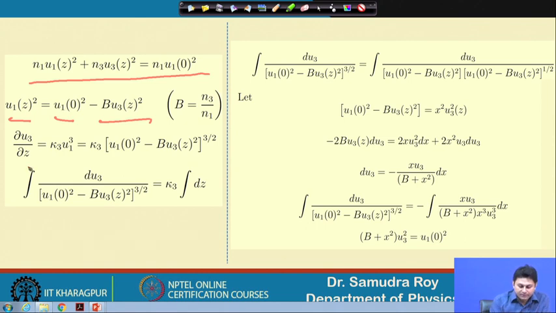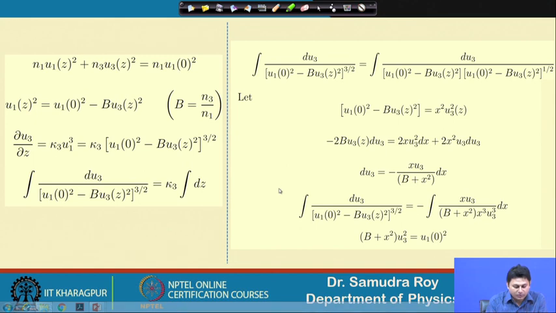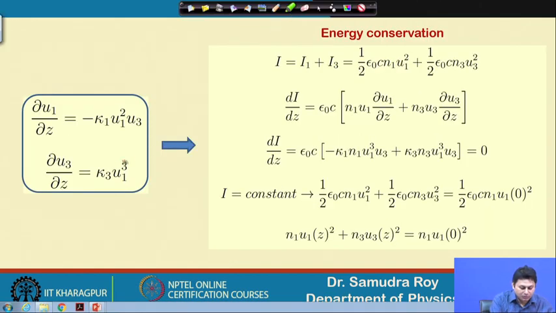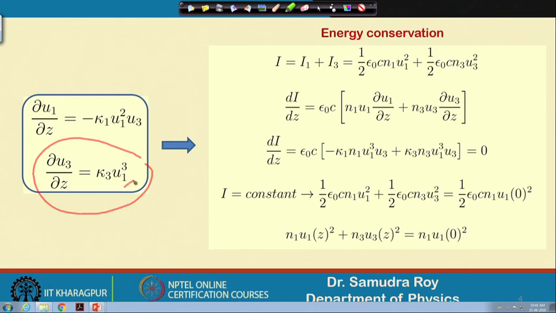Now, go back to our equation for the third harmonic wave. This is the equation I need to solve. Here u3 is on the left, but on the right hand side we have u1. If I can change this u1 in terms of u3, then we can solve this.